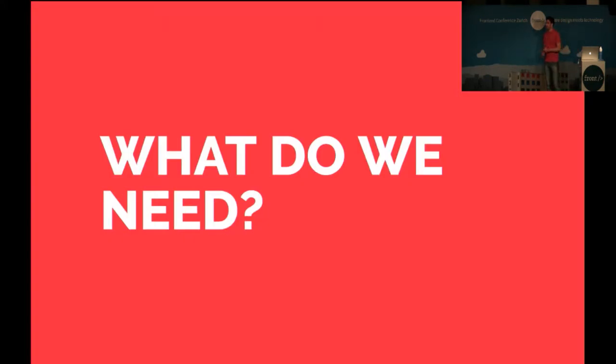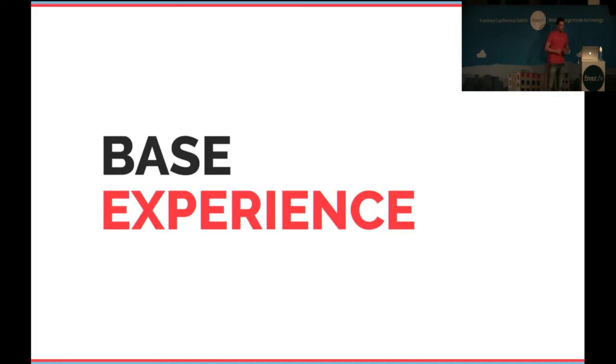So what do we need? What do we need in order to provide an excellent offline experience? I think there's kind of four things. We need a base experience, and this is that application that you've already built, that web application that is already out there, already online, and people are already using.